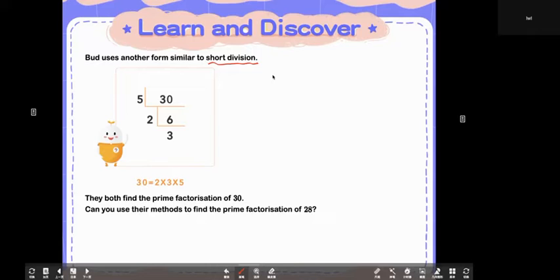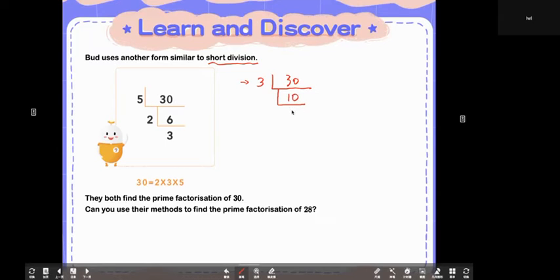First, we draw this upside-down bus shelter, the bus stop, and we write our number inside it. Then, on the left part, we can only use prime numbers to divide the number inside. So maybe I will use 3 to divide 30, and we write the result under this 30, and we have 10.